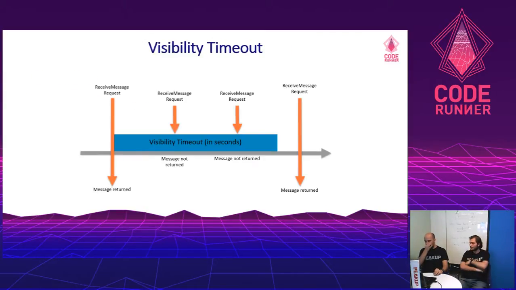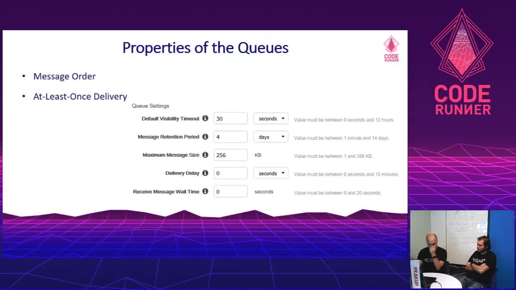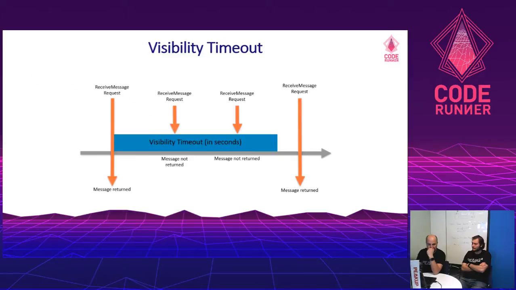So there is a visibility timeout property. It's the first setting on the screen. What is visibility timeout? Visibility timeout matters if there is more than one client for your queue to process the messages.